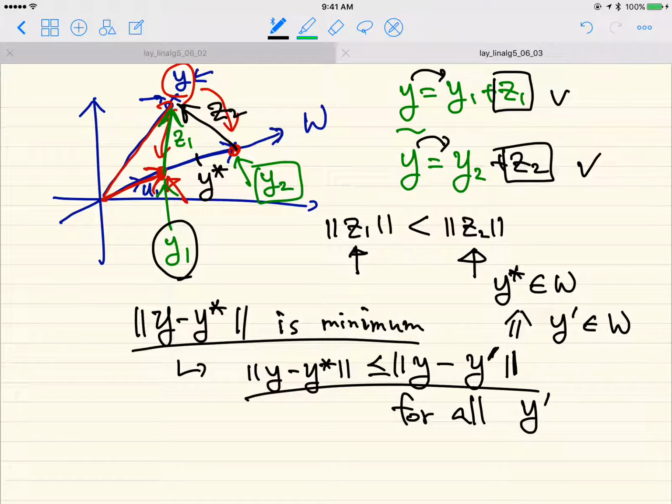So we call this y star the best approximation that we picked from our subspace W. Given the vector y, this y star is our best approximation from the subspace W, and that vector is actually the same as the orthogonal projection.